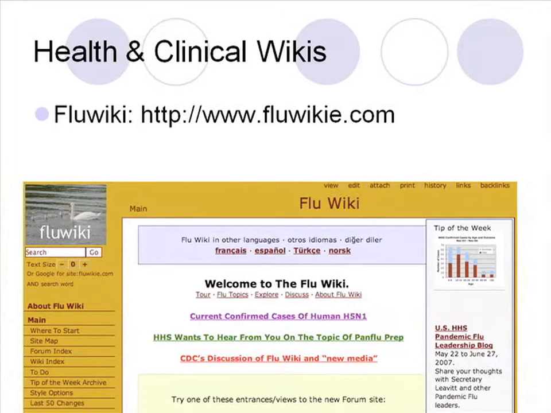Health and clinical wikis. Flu Wiki is probably one of the best known ones, about avian flu. What they've done is pulled together some of the best information. So you might have great information about avian flu from the World Health Organization, and something from the Centers for Disease Control, something from the Canadian government, and something from the Malaysian government, and all these different sources that will have good information.